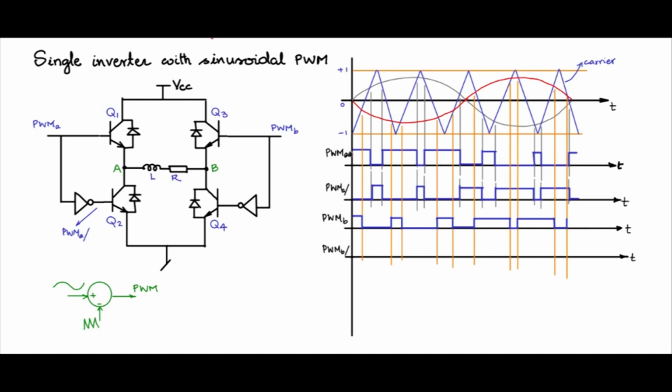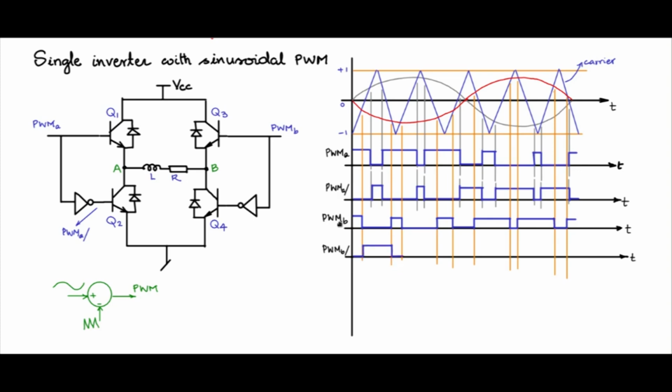Compare PWM A and PWM B. PWM A, you have more, wider pulses during the time when this is positive. Likewise, PWM B has wider pulses when the 180 degrees phase shifted is more positive. So, PWM B bar in a like manner can be obtained by basic inversion.